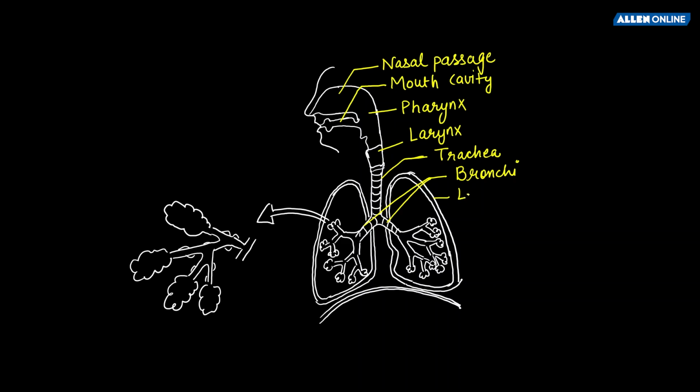This is the left lung, and this is the right lung. Narrow branches are known as bronchioles. Then the sac-like structure, alveolar sac.